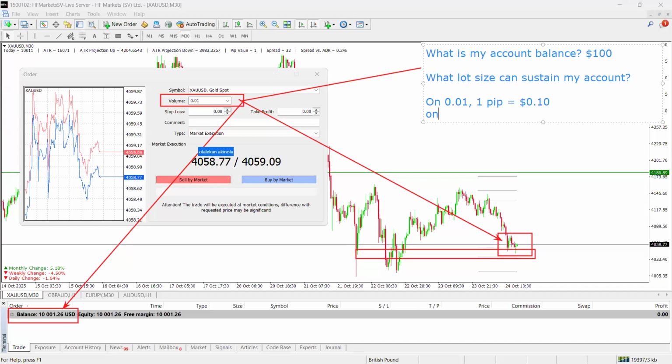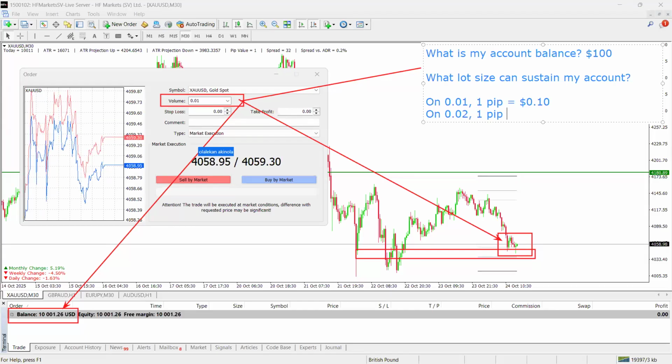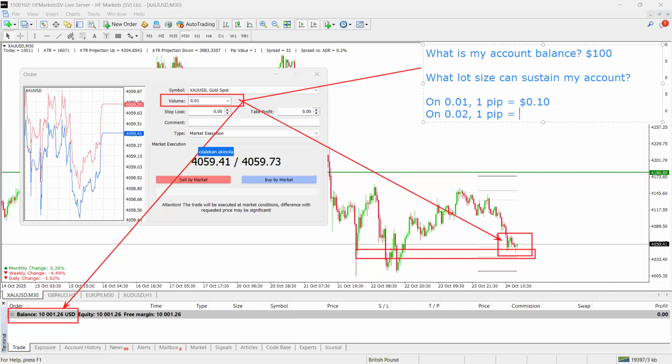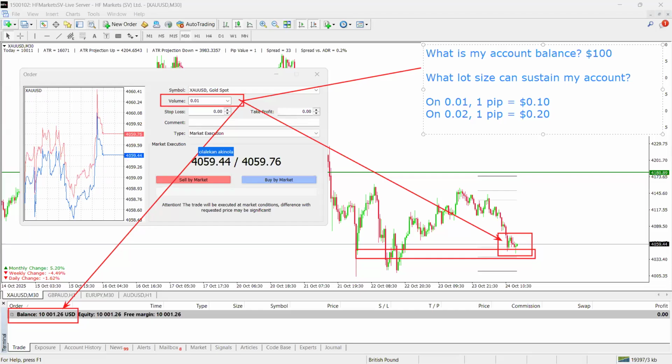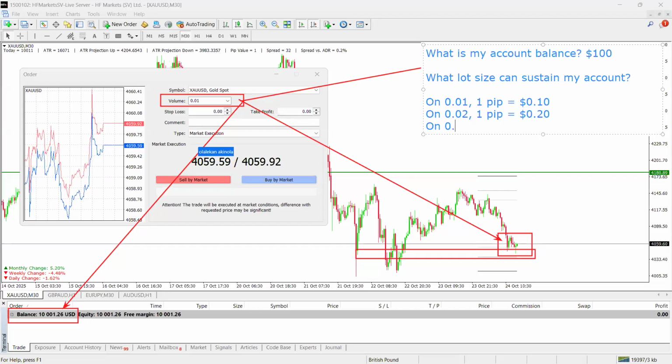On 0.02, for example, one price movement on a major pair on the average gold market is 20 cents. On a random 0.03, 1 pip movement is also about 30 cents.